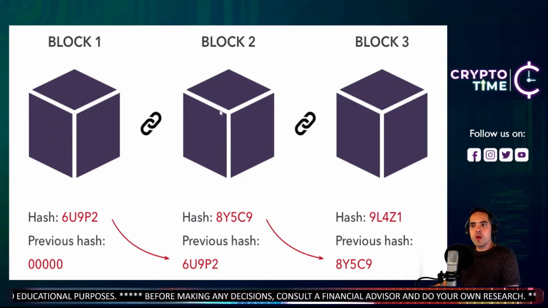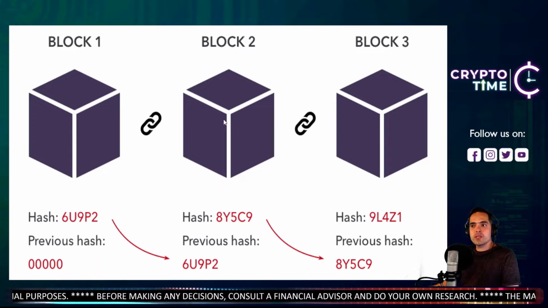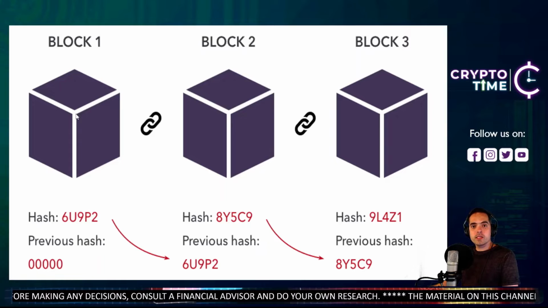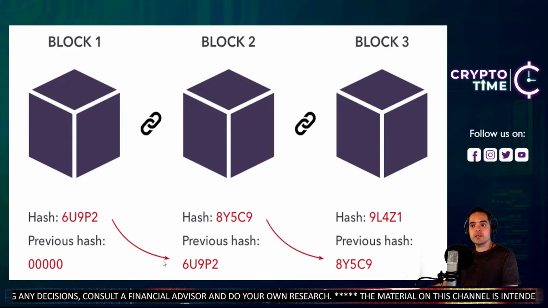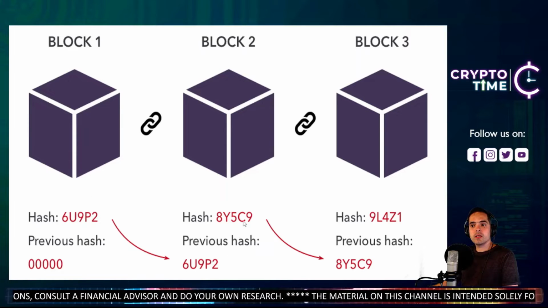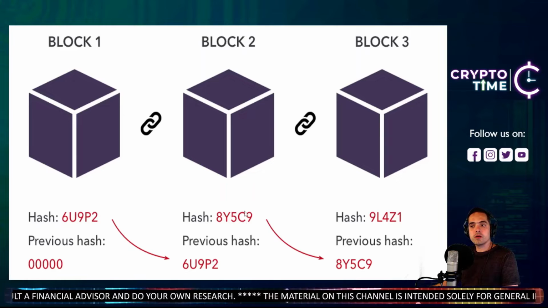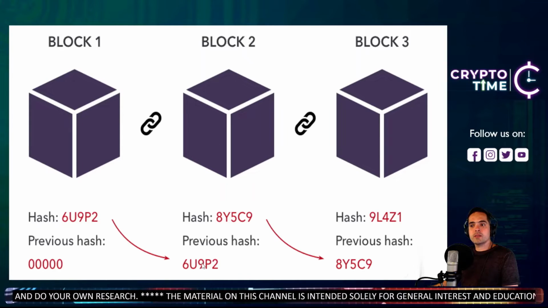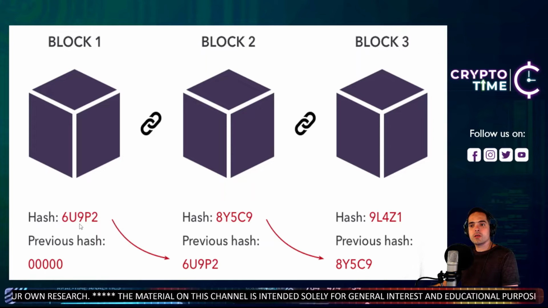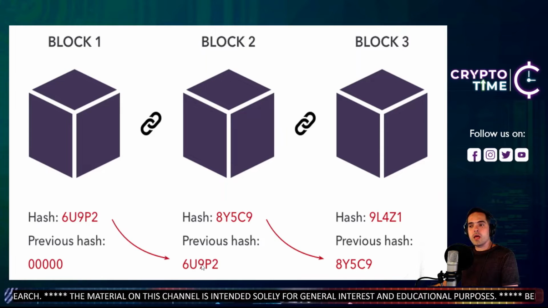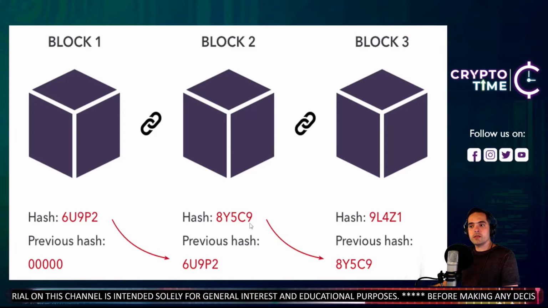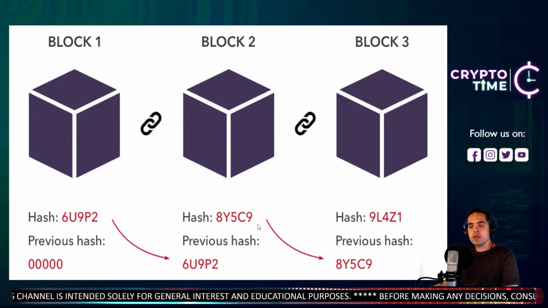Once a new block is added, this new block will contain the previous block's data, so the previous ID plus its own. Block 2 now has the previous hash here and now has its own ID, its own hash.